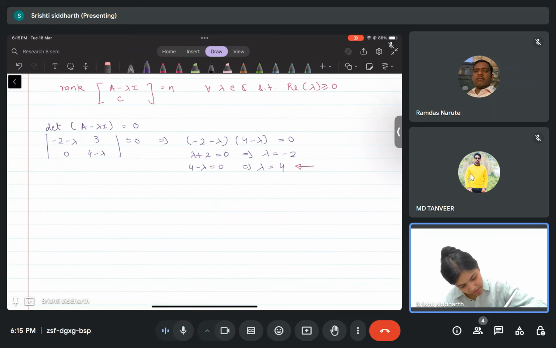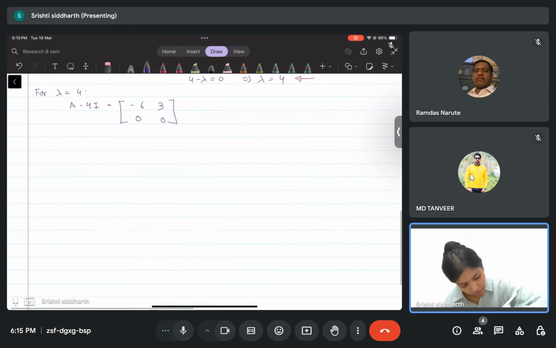A minus lambda I for lambda equals 4 is going to be used in both the tests. This is minus 2 minus 4, 3, and then 0, 0. Alright, so we have stabilizability.